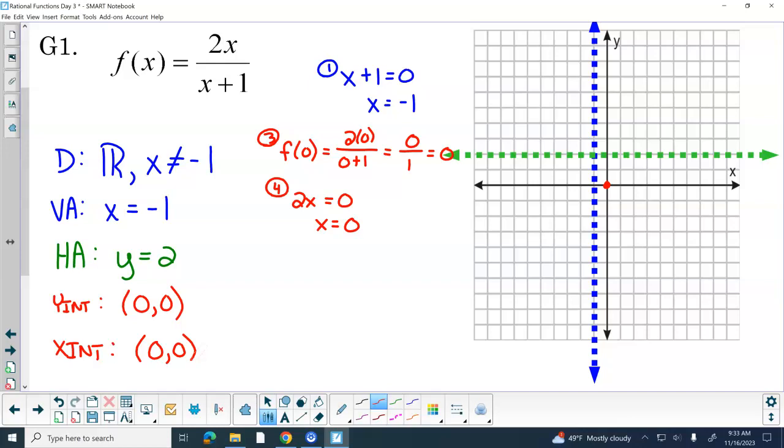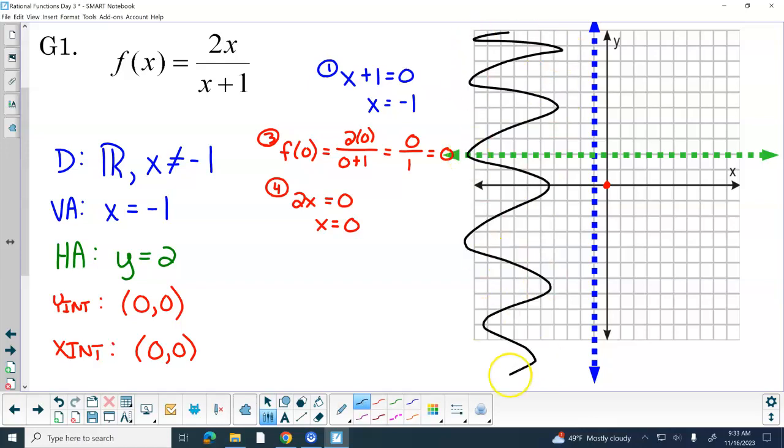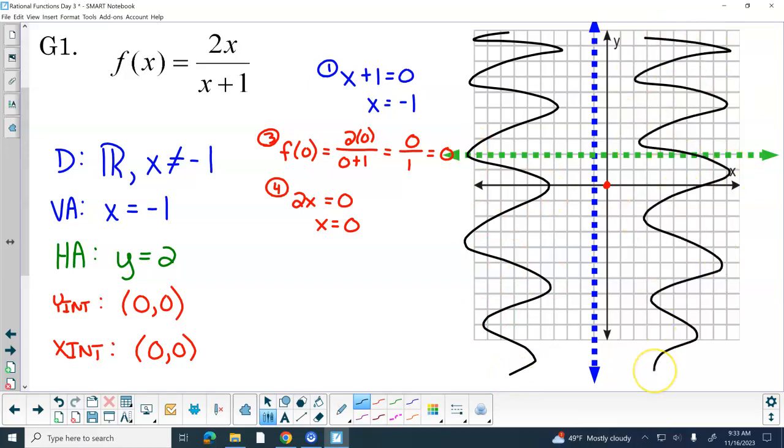Okay, so now we go on to step number 7. And here's what I was talking about with step number 7. We have 2 zones. So this over here is zone number 1, and this over here is zone number 2.